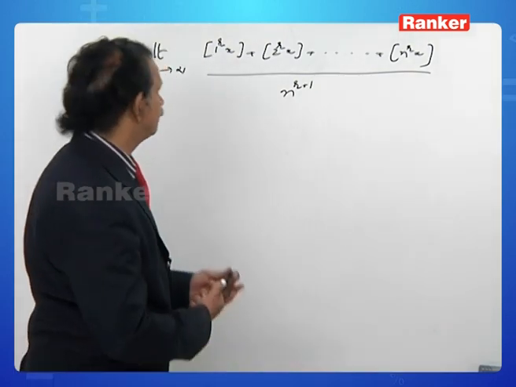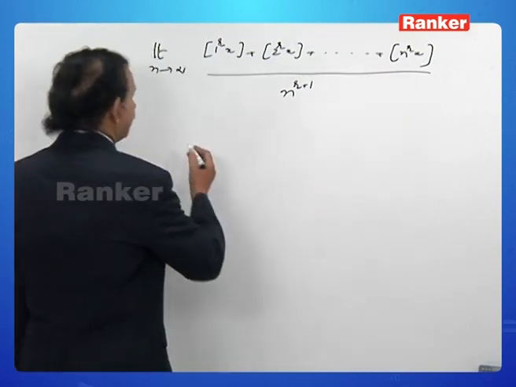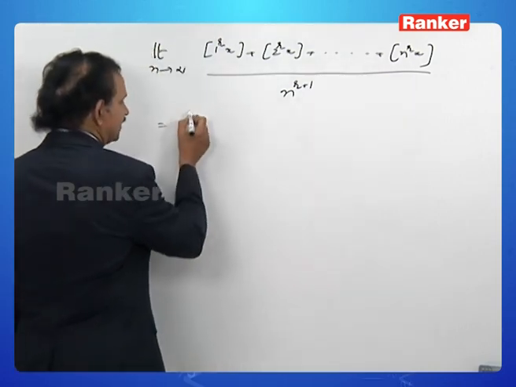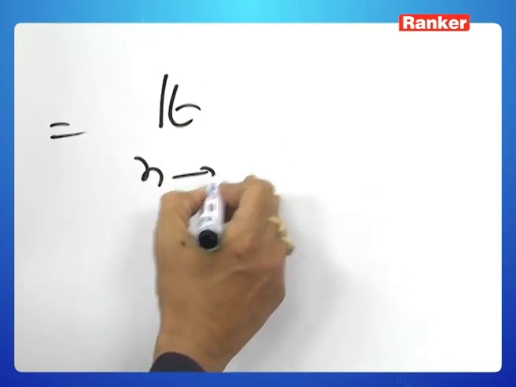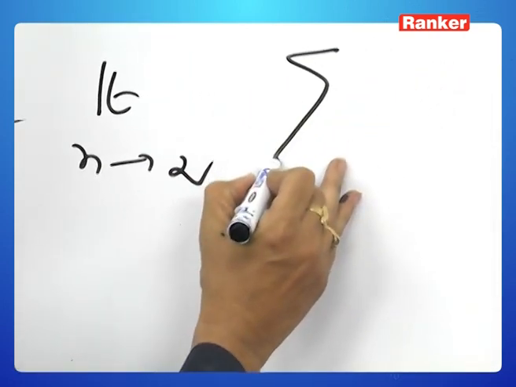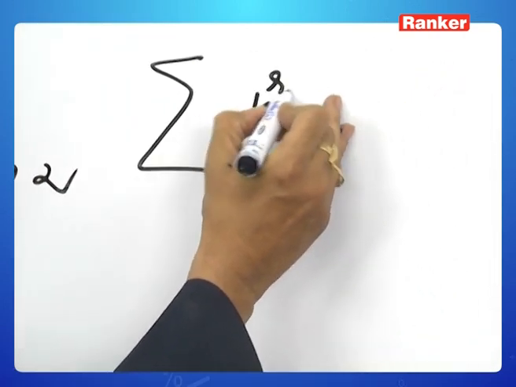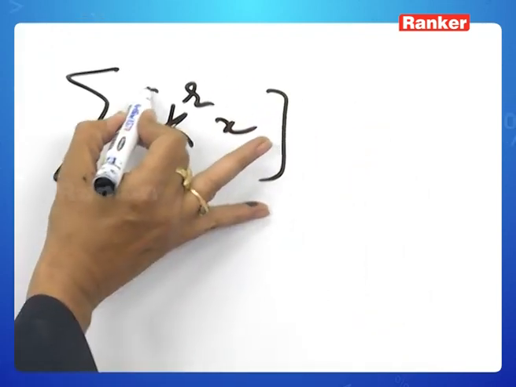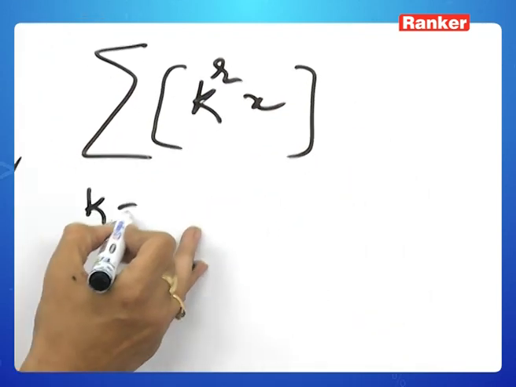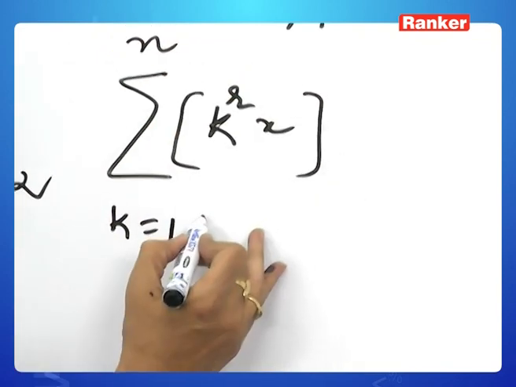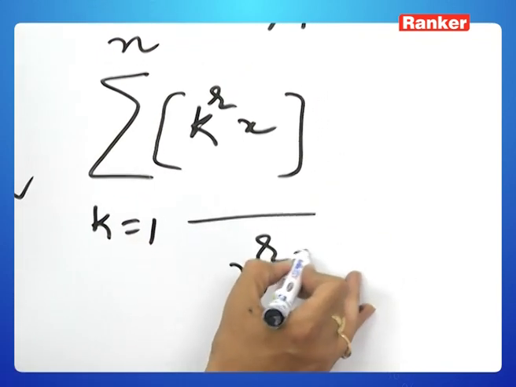Let us see. This can be taken as the limit as n tends to infinity of sigma k power r into x, k equal to 1 to n, by n power r plus 1.